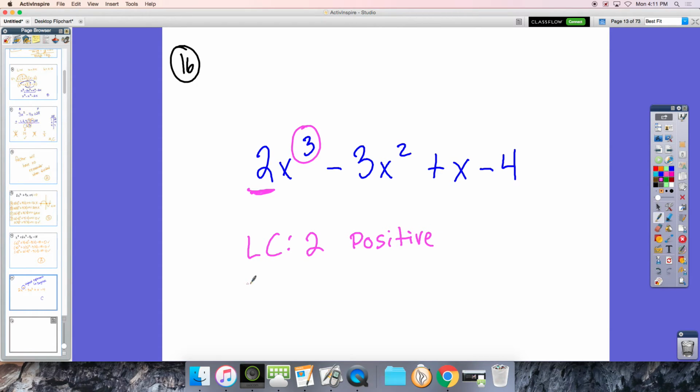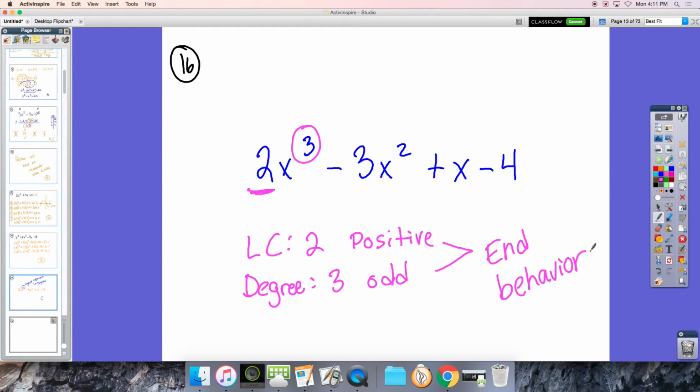And our degree, the highest exponent, is 3, which is odd. And remember, positive and odd, you use your end behavior chart and it tells you which way your arrows go on your graph. These two things tell you the end behavior. So that would be answer choice B.